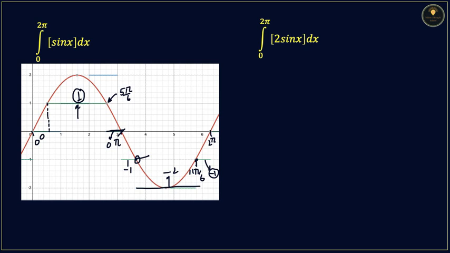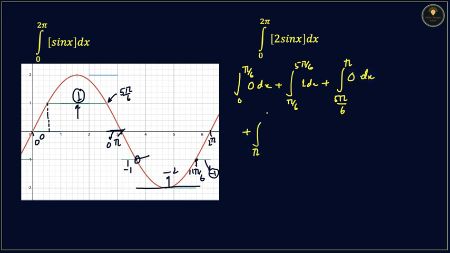So let's write all those intervals. The first interval is from 0 to pi by 6, and that is equal to 0 dx. And from pi by 6 till 5 pi by 6, you will get the value 1 into dx. From 5 pi by 6 till pi, you will get again the answer equal to 0.